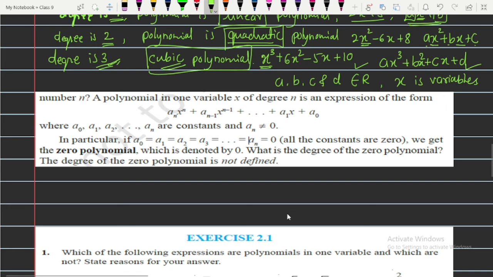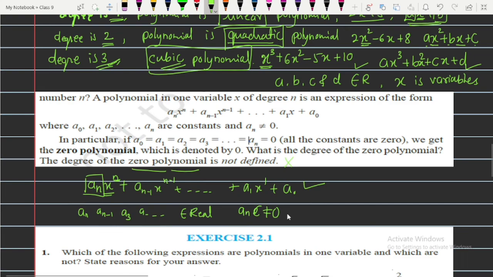It is already written here. If the degree is n, we have a_n x raised to n, where a_n is a real number, and a_n minus 1, a_3, whatever, all belong to real numbers. Here a_n is not equal to 0. In the same way you write a_(n-1) x raised to n minus 1, and so on, down to a_1 x raised to 1, then a_0. This is the expression of a polynomial whose degree is n. Also, the degree of the zero polynomial is not defined, as given here.